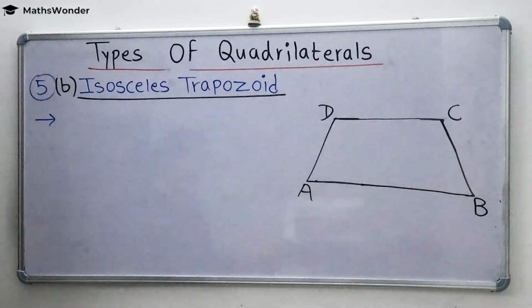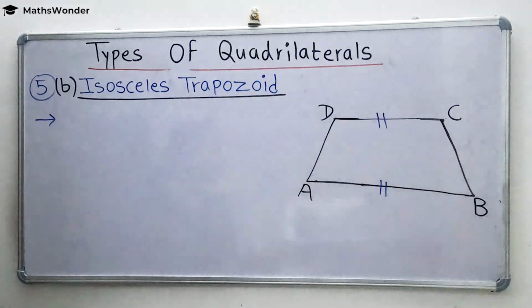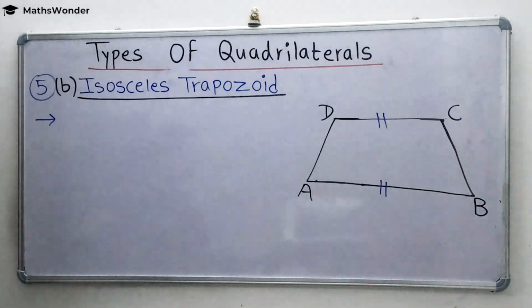A quadrilateral having one and only one pair of parallel sides is called a trapezoid, right? As we have done before. In this figure, you can see ABCD, in which AB is parallel to CD. This is the normal property of the trapezoid.